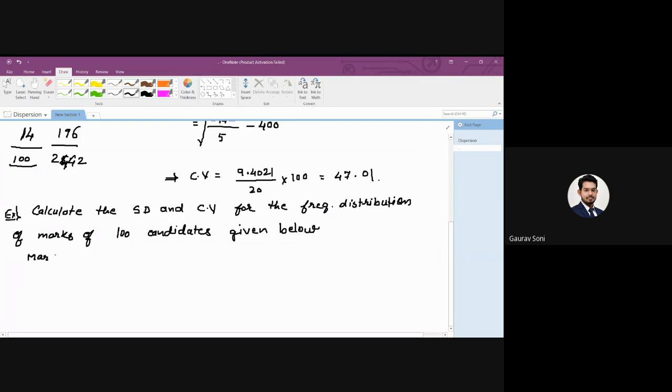So we have marks and we have frequency. So marks 0 to 20, then 20 to 40, 40 to 60, 60 to 80, 80 to 100.